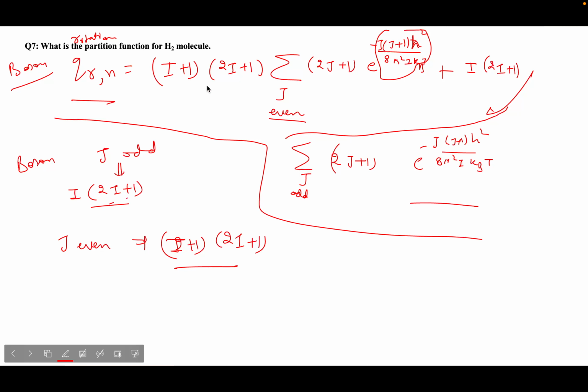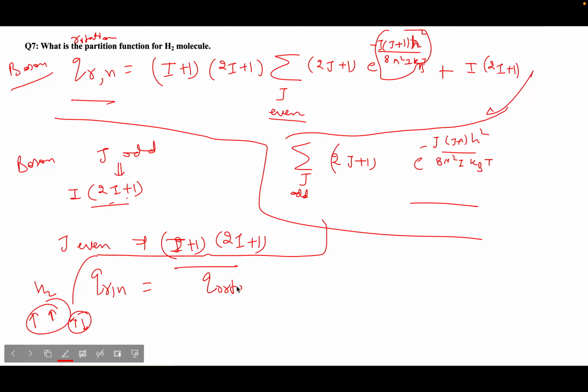So by putting the values for hydrogen, we can simply get the value for Q rotation, because for hydrogen, this is boson only, H2, ortho and para. These are 2 fermions that make it a boson. So Q rotation will be Q ortho plus Q para.